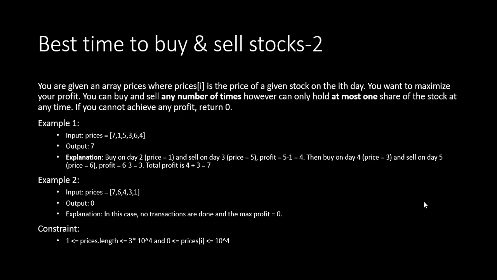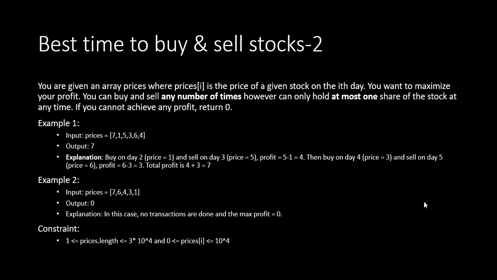Since we sold on day 3, we can again buy, and we bought on day 4 with a price 3, and we can sell on day 5 with the price 6. So again, we got a profit of 3 here, 6 minus 3. So overall profit 4 plus 3 equals 7. The profit increased because we can do this transaction more than one time.